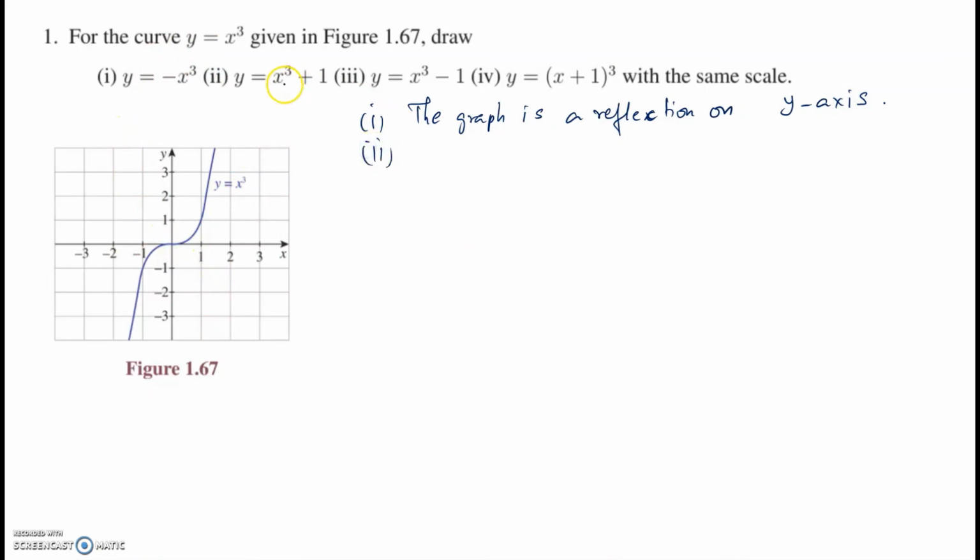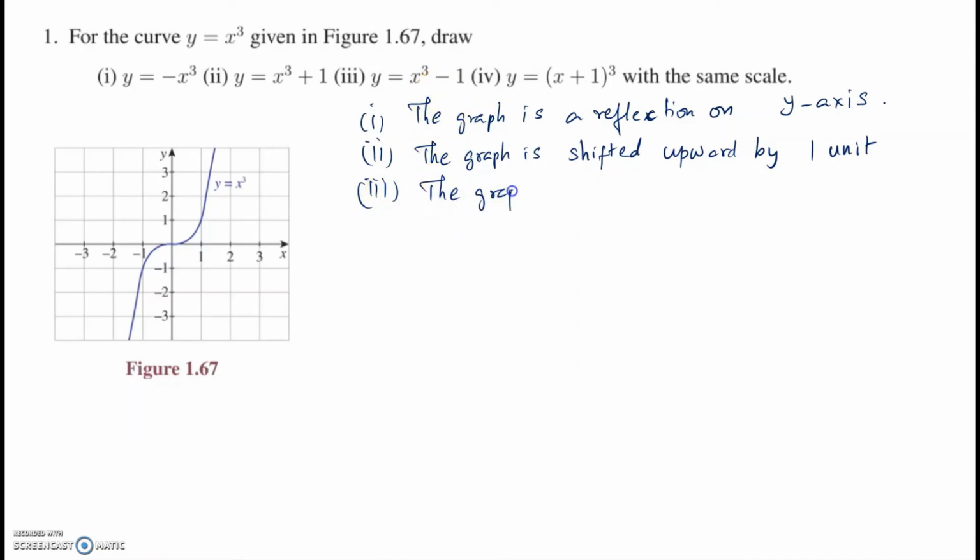And in the second case, it is f of x plus 1, so it was shifted upward. So the graph in the second case is shifted upward by 1 unit. Then in the third scenario, it was shifted downward by 1 unit.